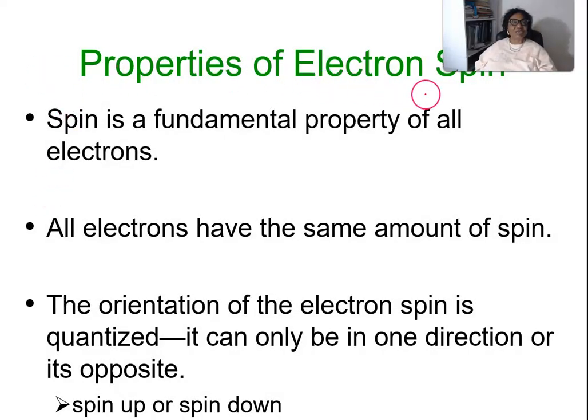Properties of electron spin. Spin is a fundamental property of all electrons. We saw that in chapter 7. All electrons have the same amount of spin.